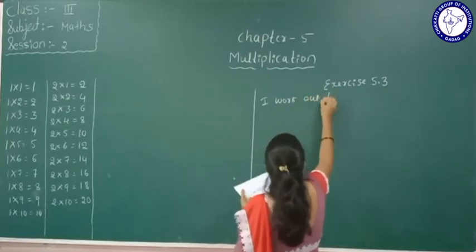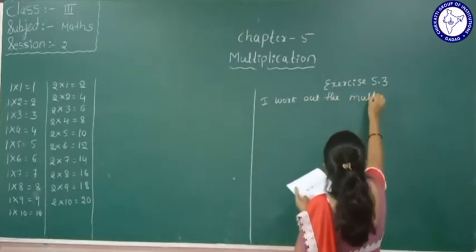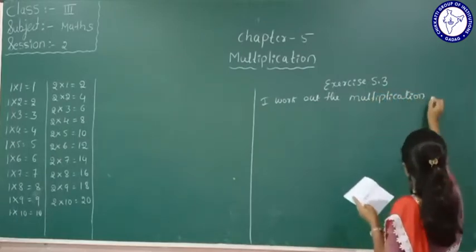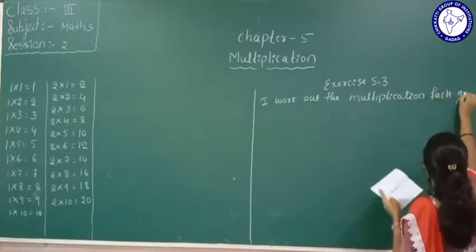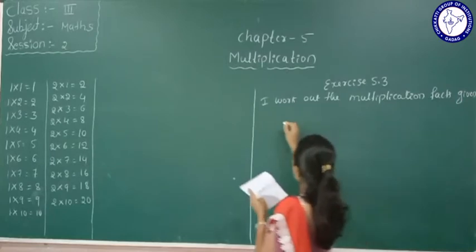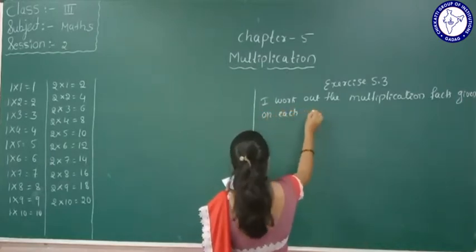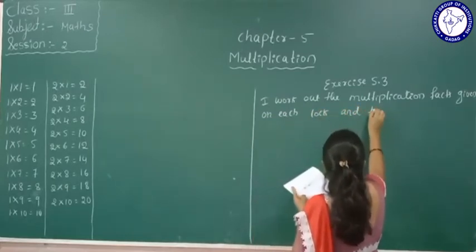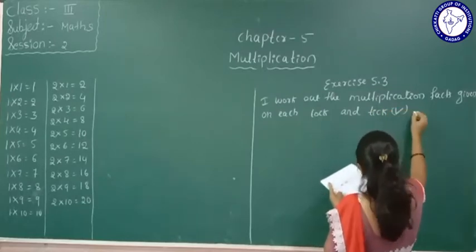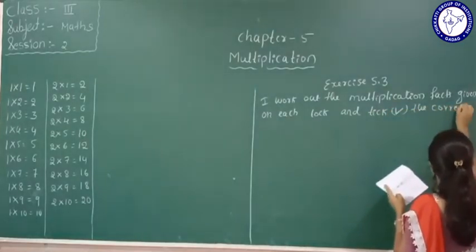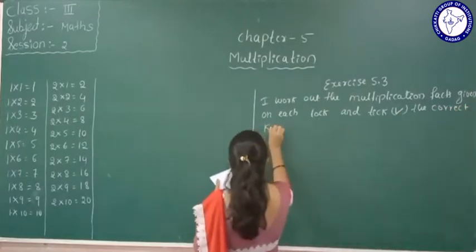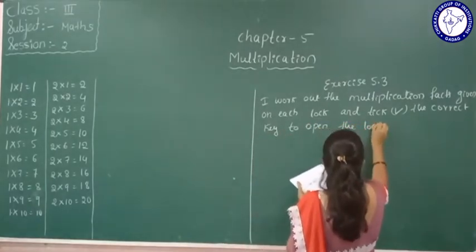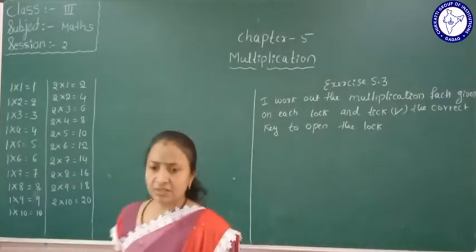Work out the multiplication facts given on each lock and write the correct key to open the lock. Okay, see students, they have given here, see the textbook.